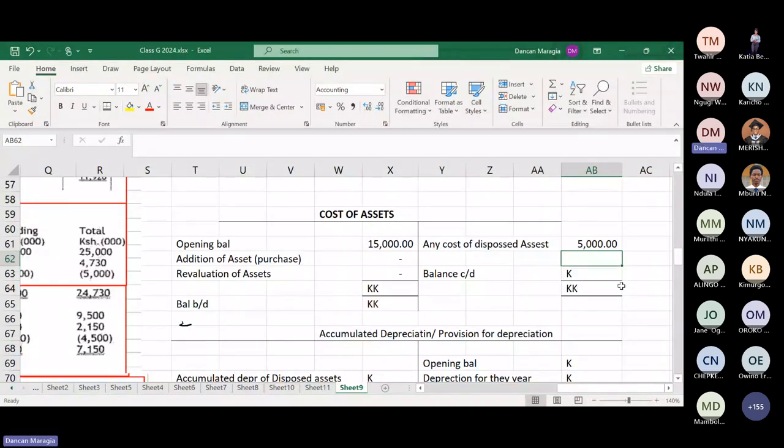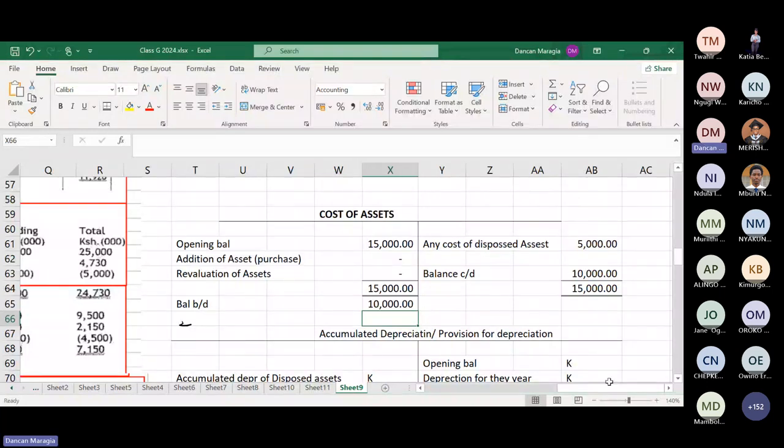When you do that, what will be your balancing figure carried down? That is 10 million. It's what will close our account, and our account will balance at 15 million. So balance brought down in this will say 10 million. So that is the cost account.